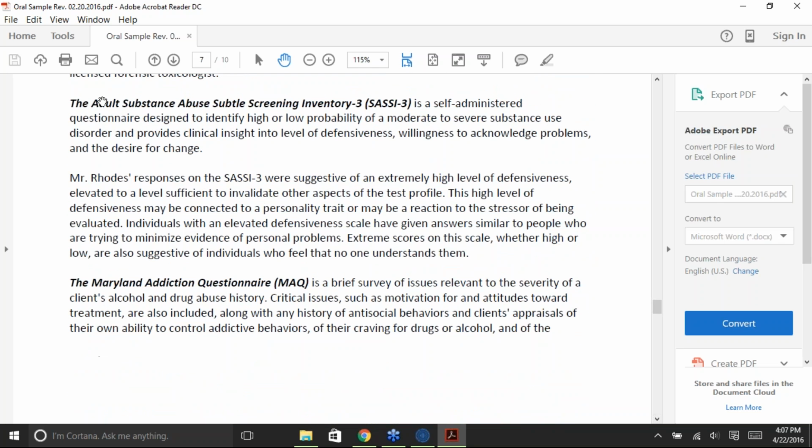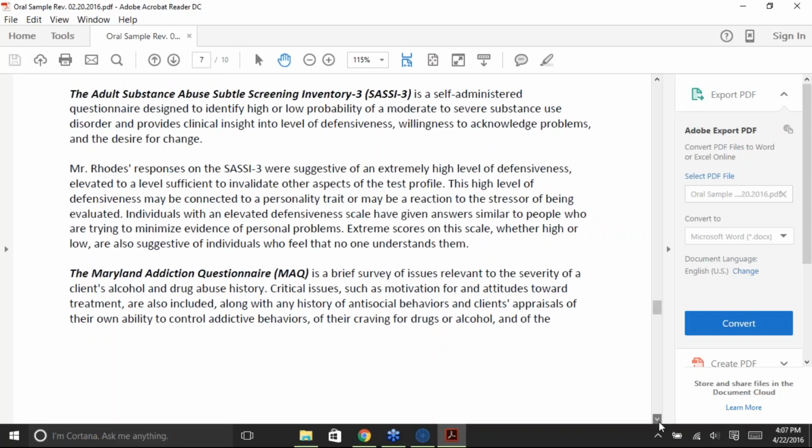With each test, I provide it in bold point and italicized. I gave a brief description of what that test is designed to do, which I get straight from the manufacturer of the test. And then I talk about only what was relevant from the client's test results. This guy's results suggested an extremely high level of defensiveness, elevated to a level sufficient to invalidate other aspects of the test profile.